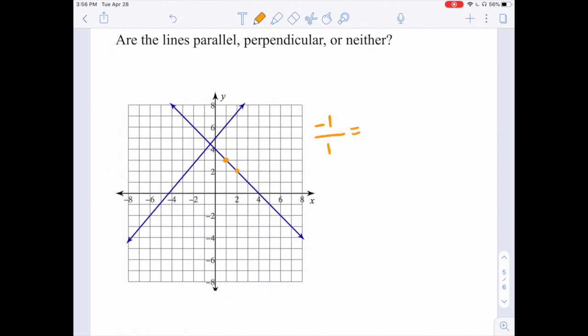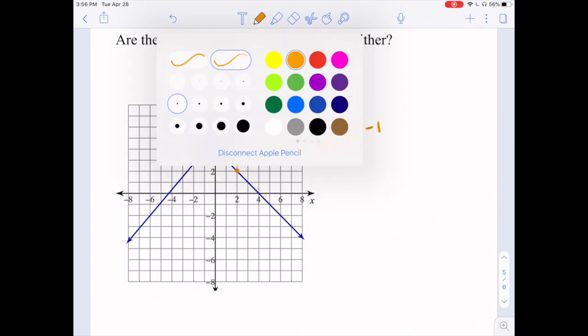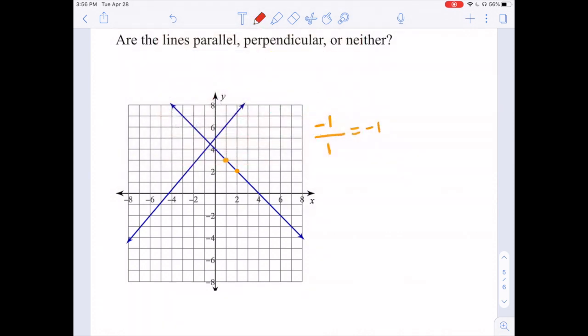So that simplifies to -1. And then my next line, where it crosses exactly, is there. And the next point is here. I think that's the closest. Let me double check. Yep, that's the closest.